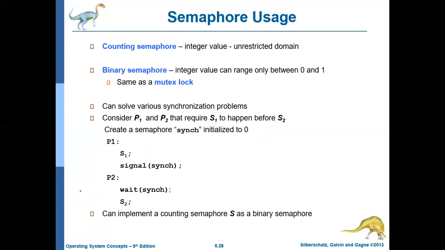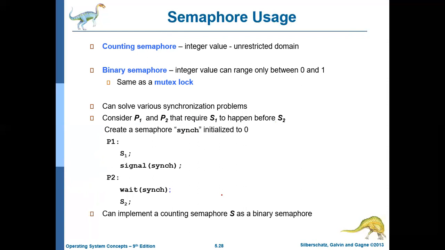Counting semaphore can be implemented as a binary semaphore. The binary semaphore is nothing but the semaphore which takes values between 0 and 1. If a counting semaphore takes only values between 0 and 1, then that can be called a binary semaphore.